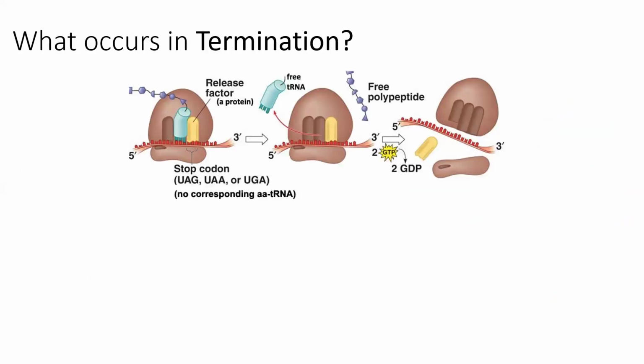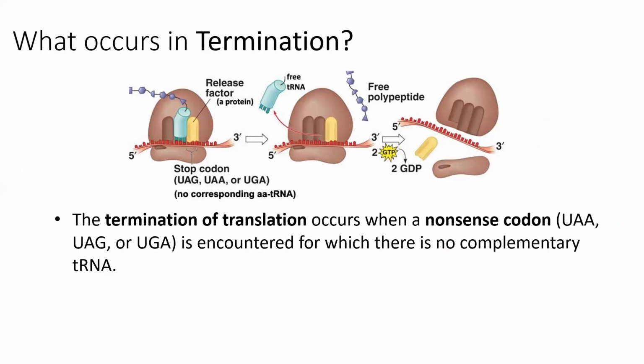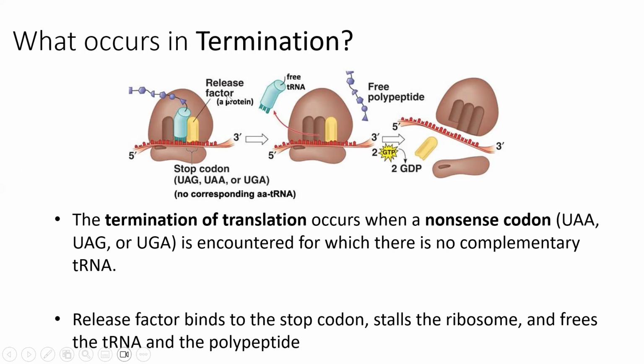So it goes through this process until it hits a stop codon. These are the nonsense codons, and when there is no complementary tRNA, a release factor, this protein here, comes in and binds to that stop codon.